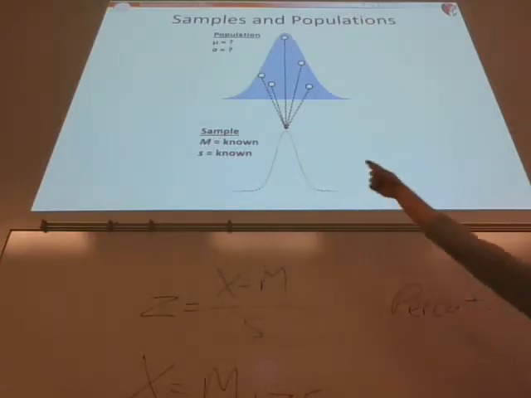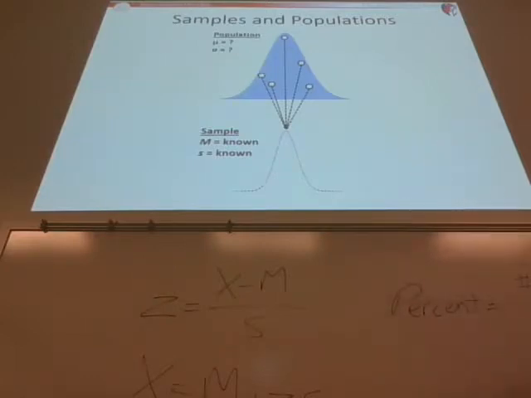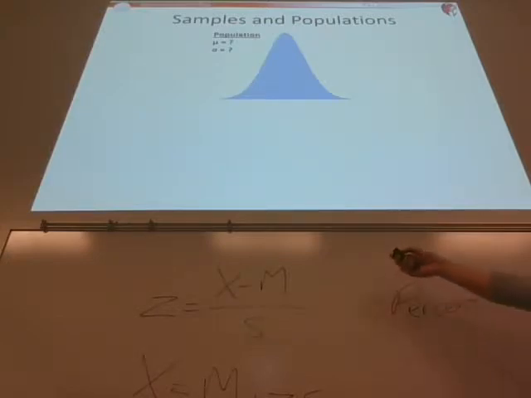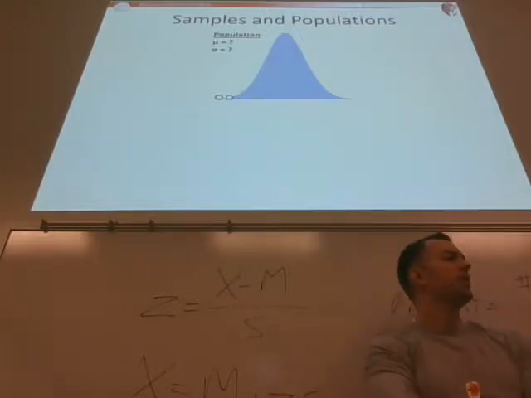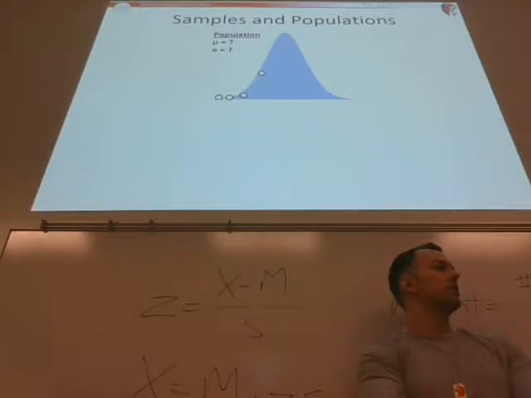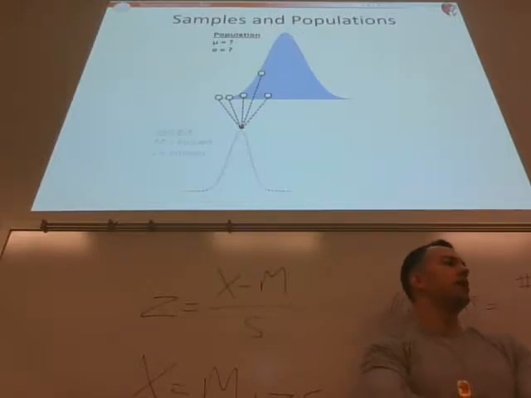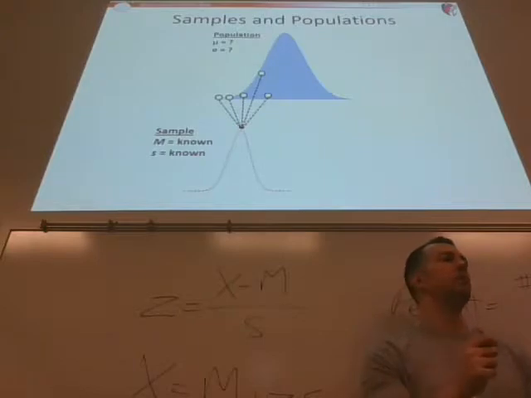So we don't know if our sample came from those positions in the distribution or if they came from these positions. So maybe this was the first person that ended up in our sample. Maybe this was person number 2, subject number 3, subject number 4, subject number 5. Maybe this is where our sample came from in our population. And notice now that when we measure the sample, we measure the mean, for example.